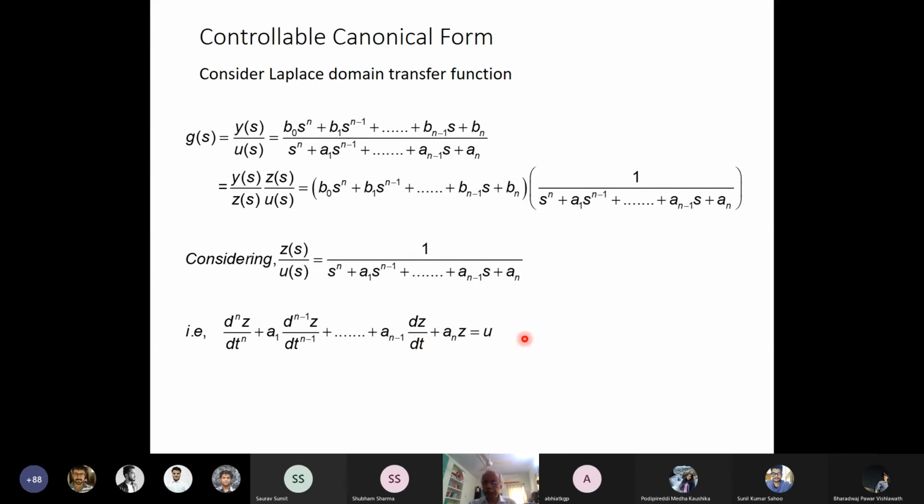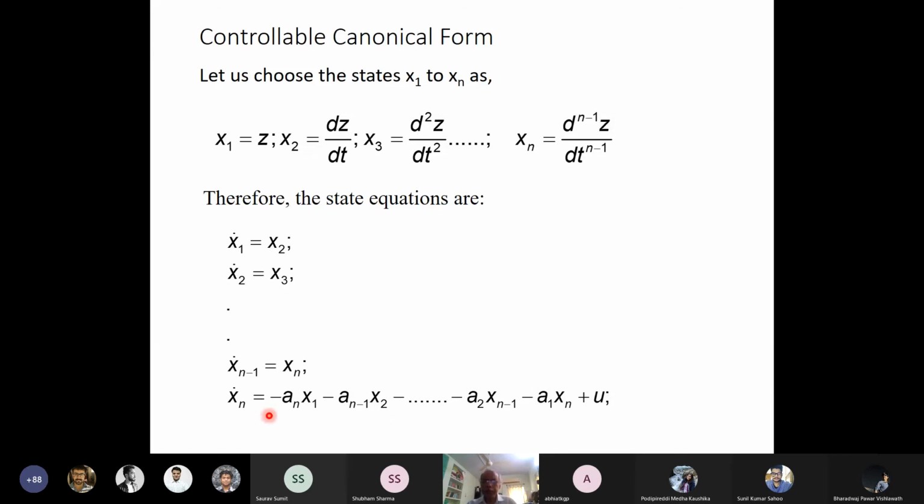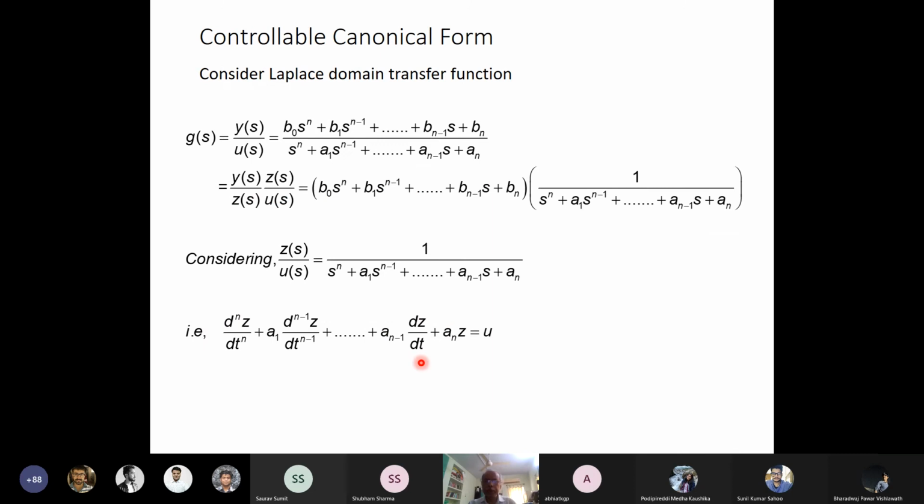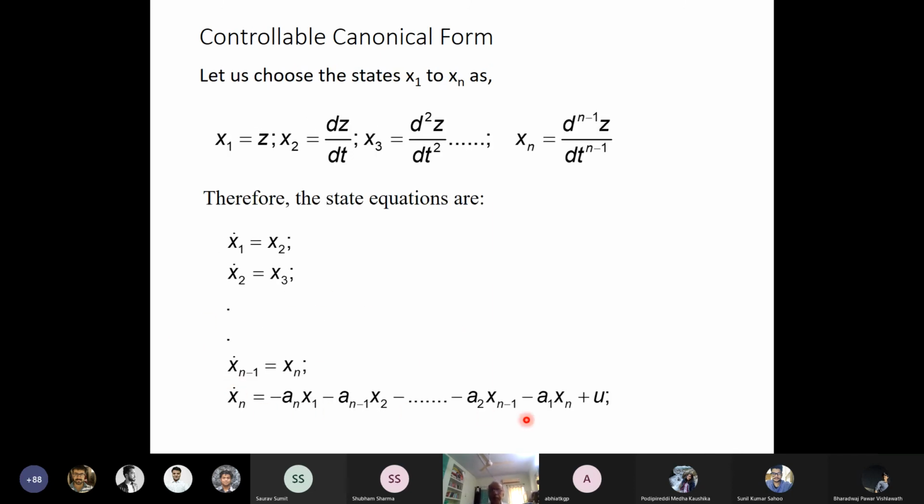So I write xn dot equals minus an x1 minus a(n-1) x2 minus ... minus a2 x(n-1) minus a1 xn plus u. When writing xn dot, I utilize these equations to write down the final state equation. So now I have the state equations for x1 dot, x2 dot to xn dot in terms of state variables and the input.